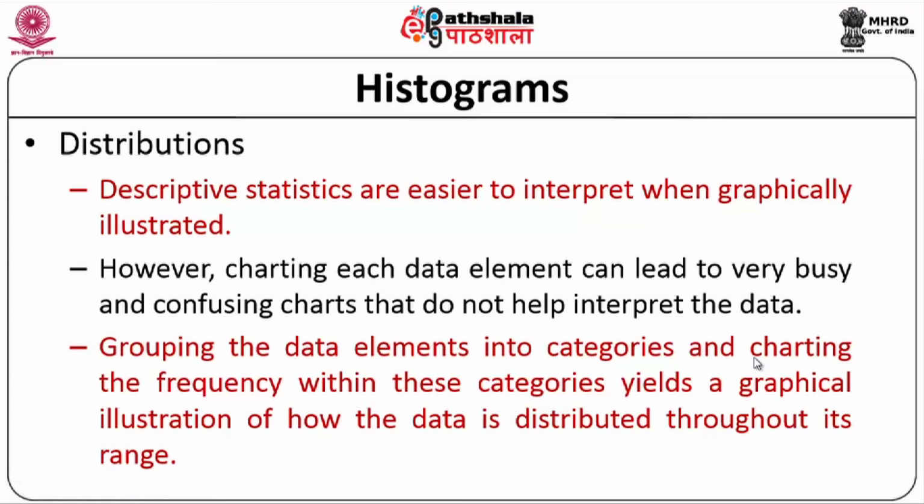If you are trying to analyze the data manually, it may be very difficult to understand the distribution, but if you represent the same data graphically, then the distribution and the statistics about the distribution may be well understood. So, when we are dealing with a very large data set and want to analyze the distribution, it is better to use a chart or represent it graphically.